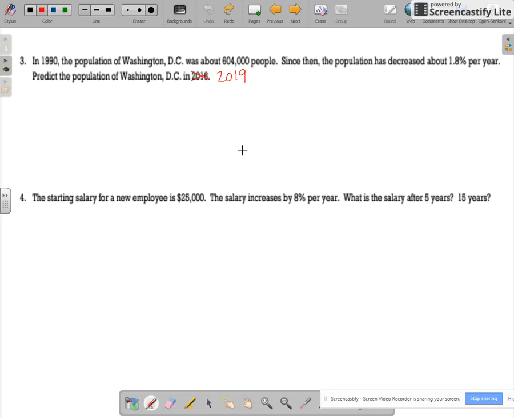So since it's decreasing, we are going to be looking at a decay. Okay. So using our decay formula of y is equal to a times (1 minus r) to the t.